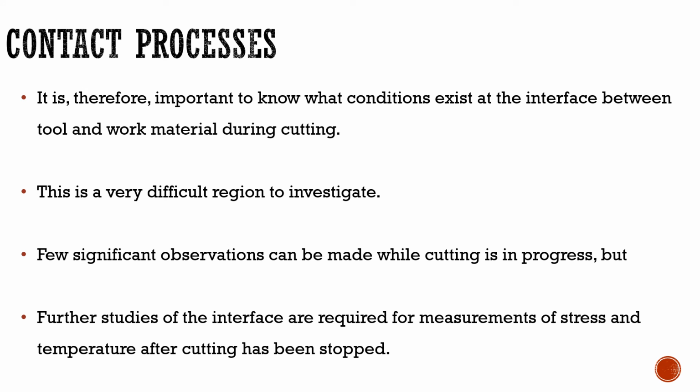Thus, it is important to know what conditions exist at the interface between the tool and the work material during cutting. And this is actually quite a difficult region to investigate, and few significant observations can be made when cutting is in progress. Thus, the conditions existing must be inferred from studies of the interface after cutting has stopped, and also from measurements of stress and temperature.